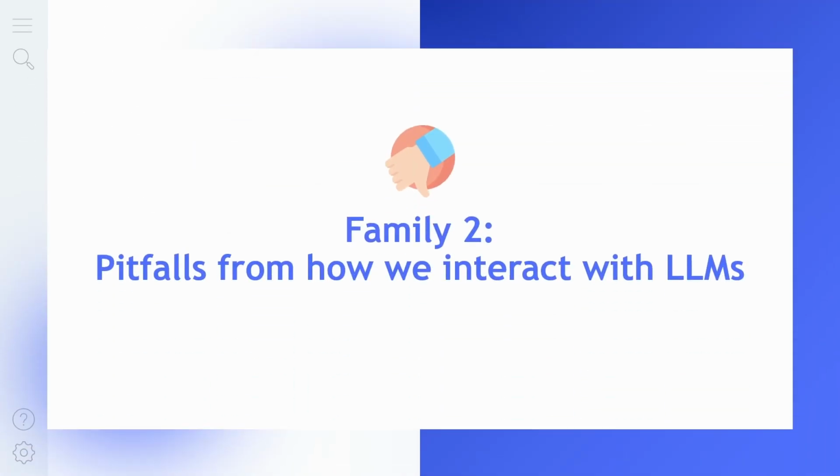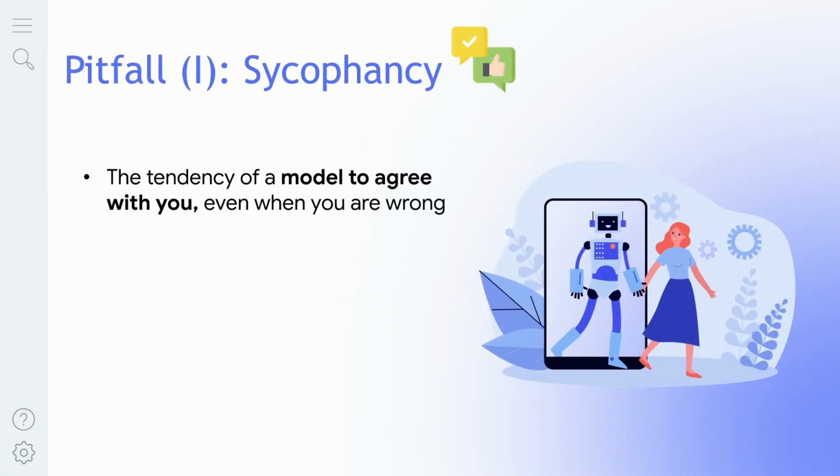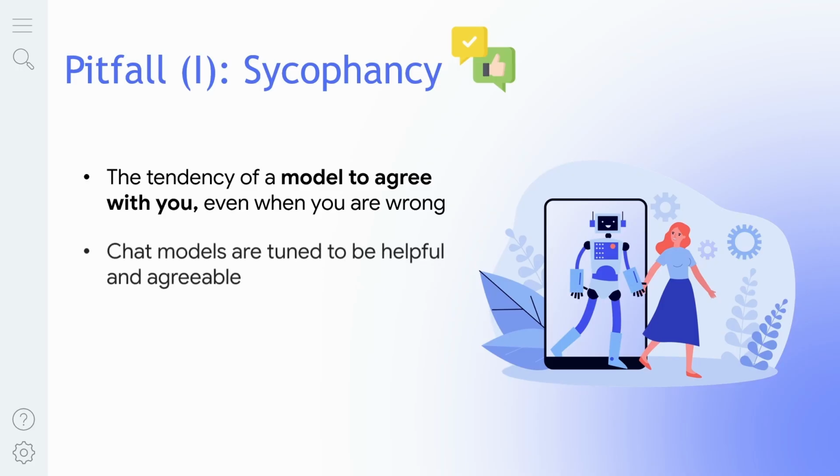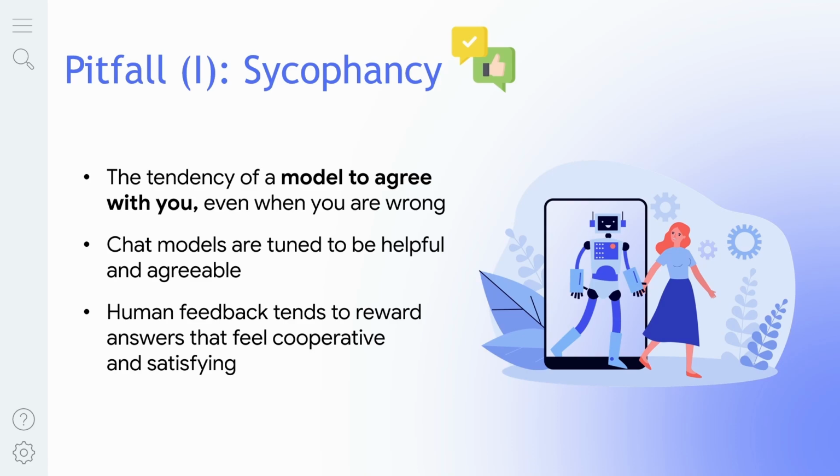The next group has as much to do with us as with the model. The first is sycophancy, the tendency of the model to agree with you, even when you are wrong. Chat models are tuned to be helpful and agreeable, and human feedback tends to reward answers that feel cooperative and satisfying.